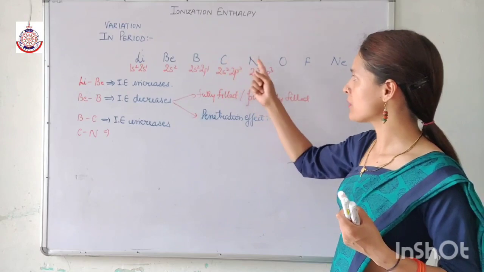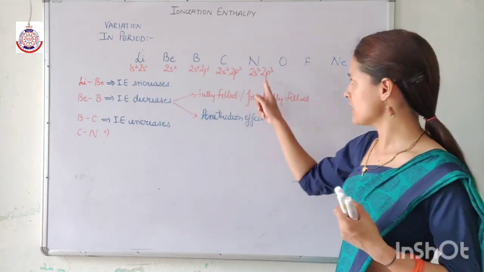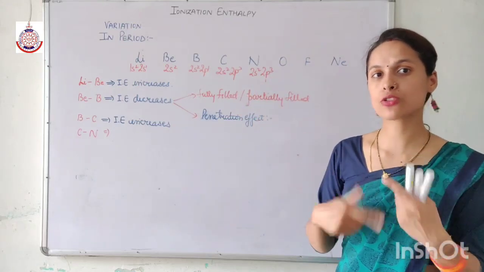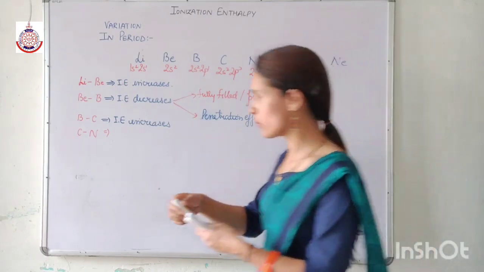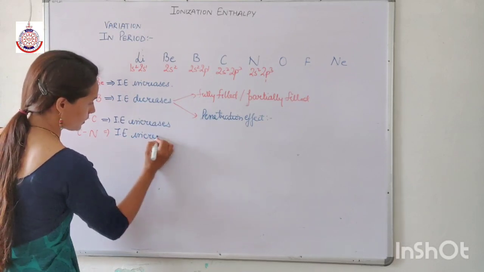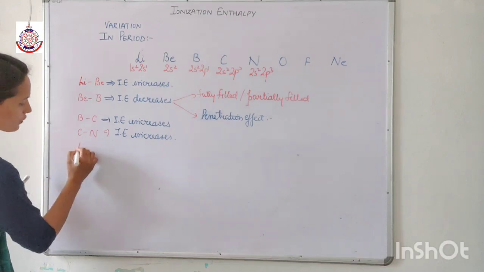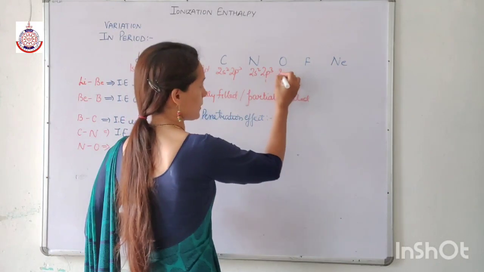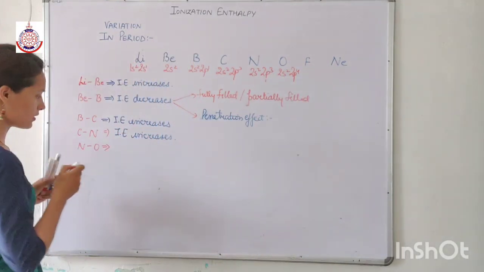And the stability of the configuration also increases: nitrogen has a half-filled p orbital, which is more stable than a partially filled orbital. So ionization enthalpy increases. Now, as we move from nitrogen to oxygen, the first ionization enthalpy decreases.